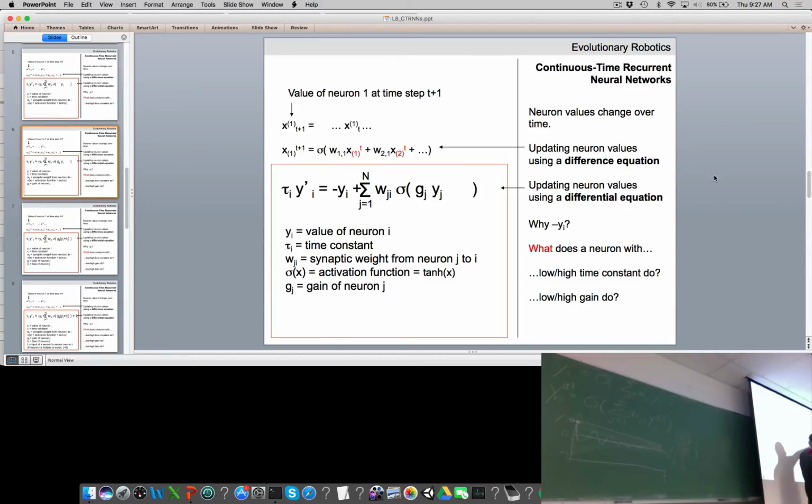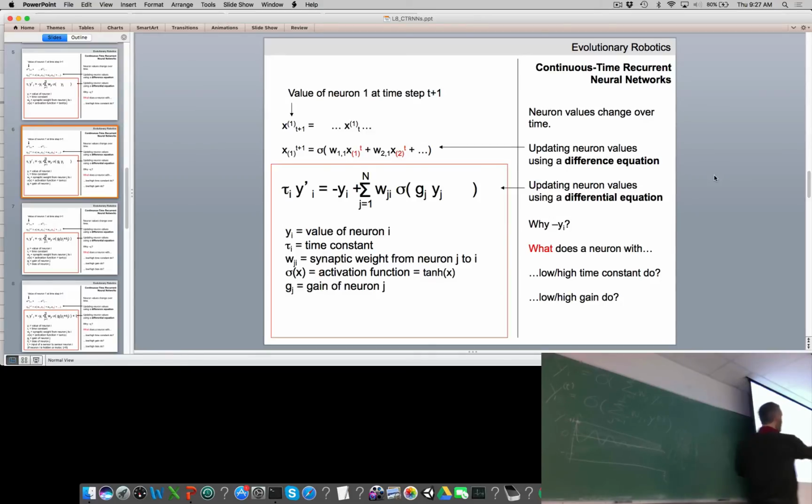And we have a matrix of weights, right? So for this matrix, the element ji in that matrix, that number dictates the influence of neuron J on neuron I.